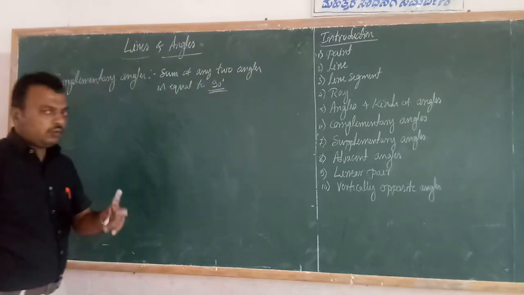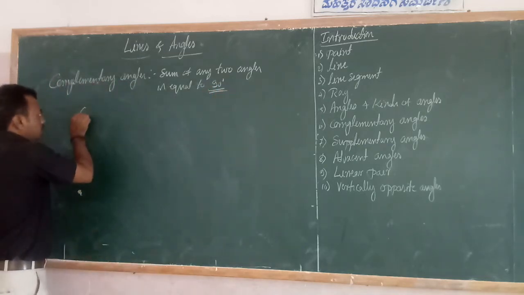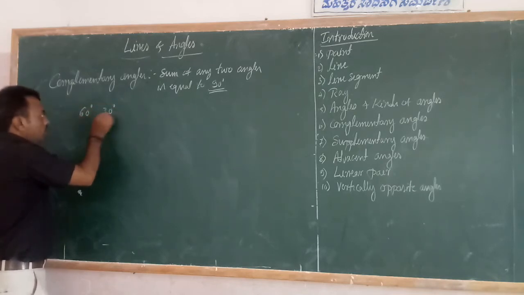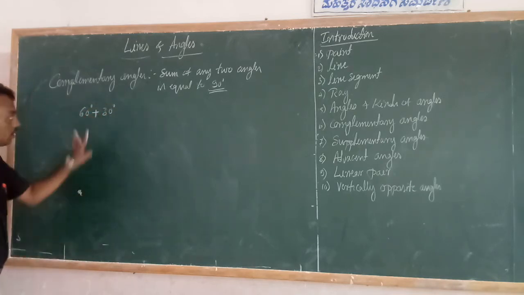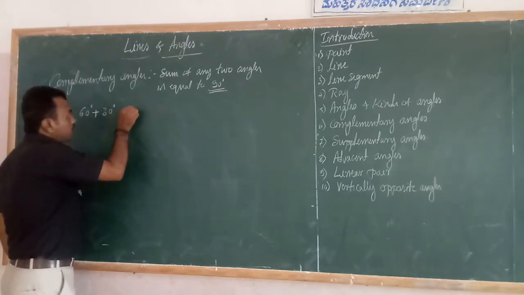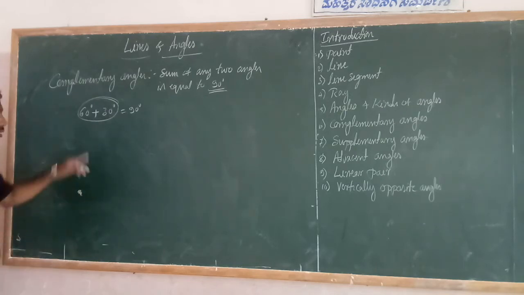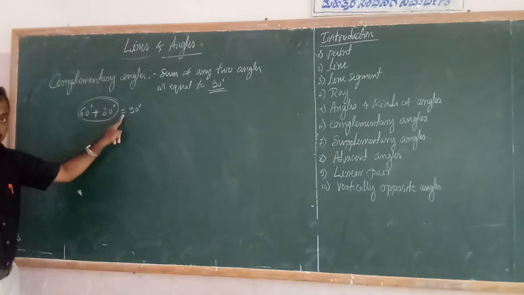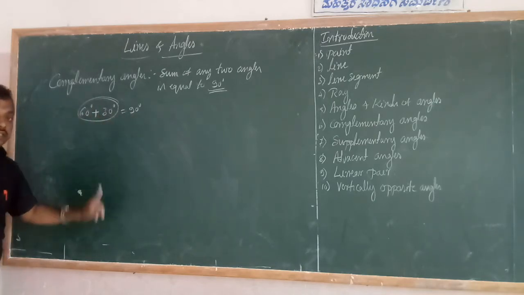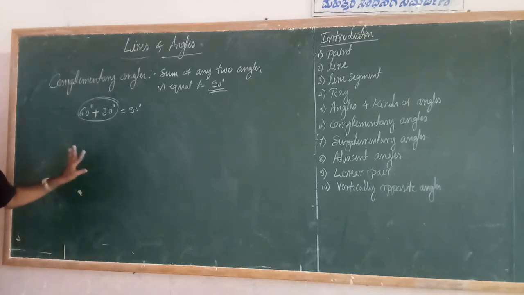You can take any two angles. I will take one of 60 degree and one of 30 degree. If you add these two angles, the sum is equal to 90 degree. Therefore, these two are called complementary angles. So, 60 degree and 30 degree are complementary angles. The sum is equal to 90 degree. That's why it is called complementary angles.